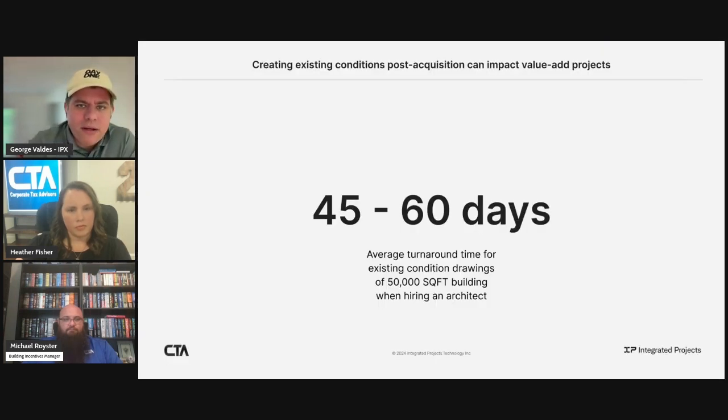And if we talk about the traditional turnaround time of a set of plans, it can be anywhere from 45 to 60 days when you're hiring an architect on a 50,000 square foot project. And the reality is that not all architects are well suited for the job, meaning a lot of times they're not as well versed in the up-to-date tools and technologies available for scanning and capturing the real world, right?